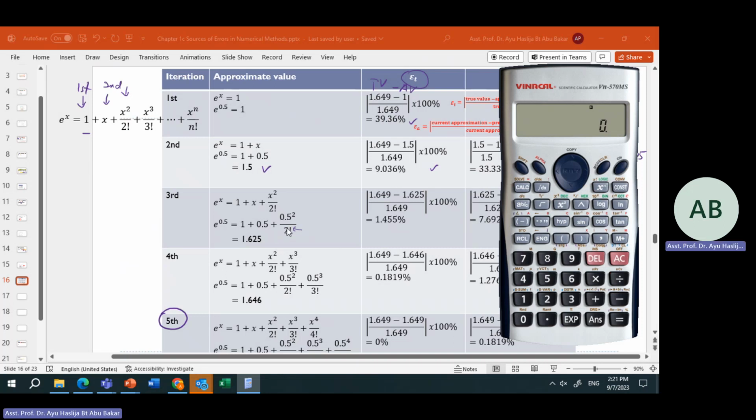So let's say we calculate for the third iteration: 1 plus 0.5 plus 0.5 power 2 over 2 factorial. And you get the same answer. Okay, did I go too fast? Clear?